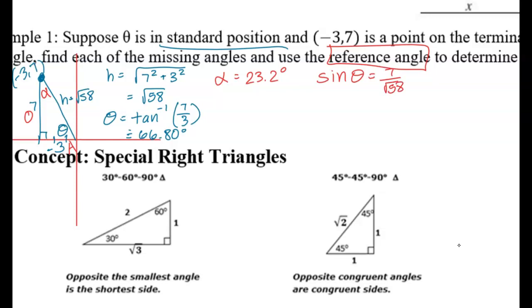However, can I leave it like that? How do I get rid of the square root of 58 in the denominator?